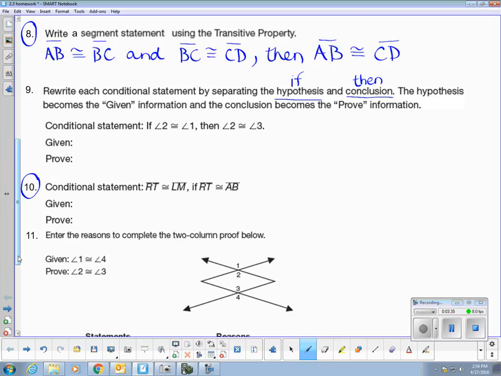So, number 10, if RT is congruent to segment AB, then segment RT is congruent to segment LM. So this is the hypothesis. This is the conclusion.